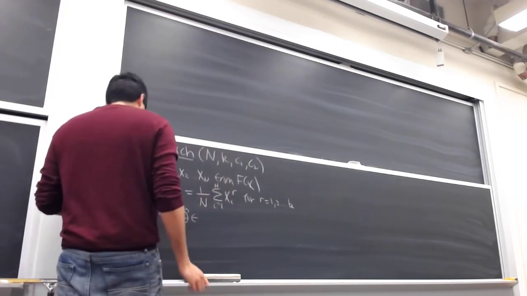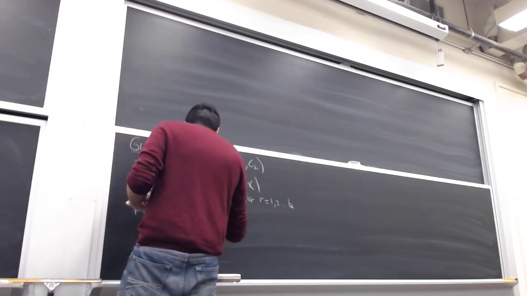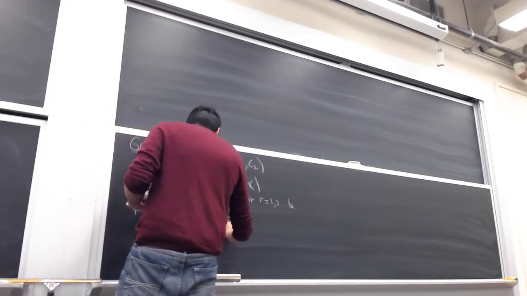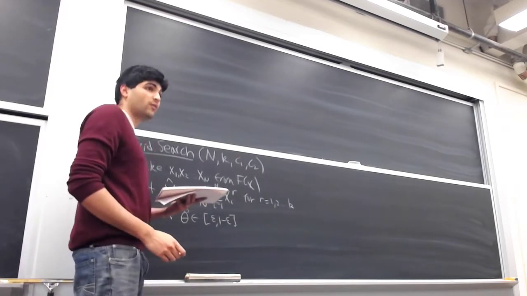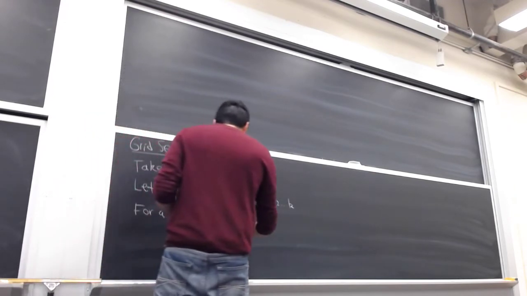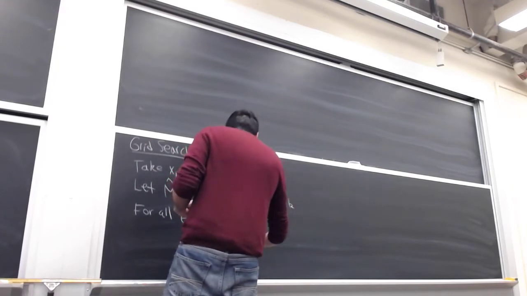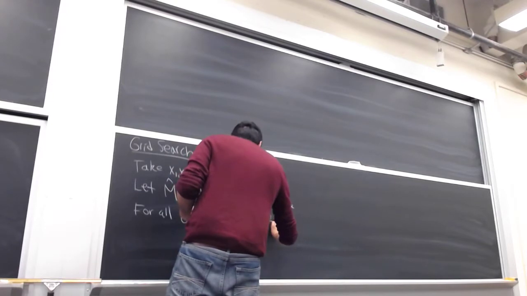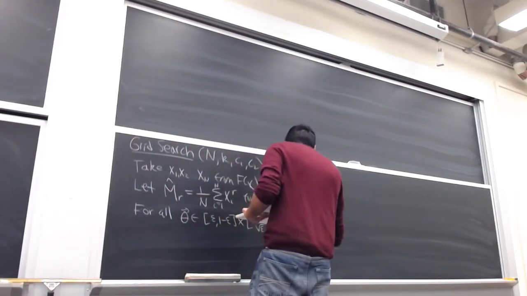So we look at any theta in this grid. We look at the range of possible values for its mixing weight, so between epsilon and 1 minus epsilon. We look at the range of possible values for the first mean and the first variance.